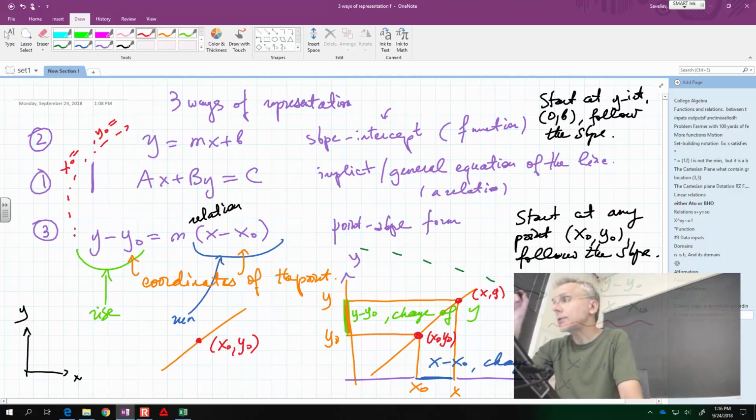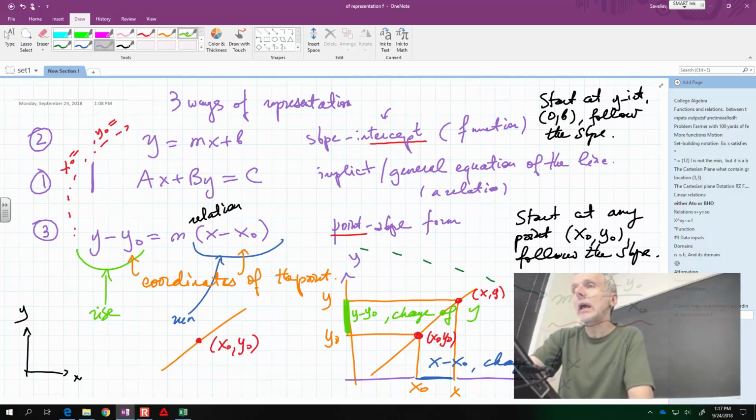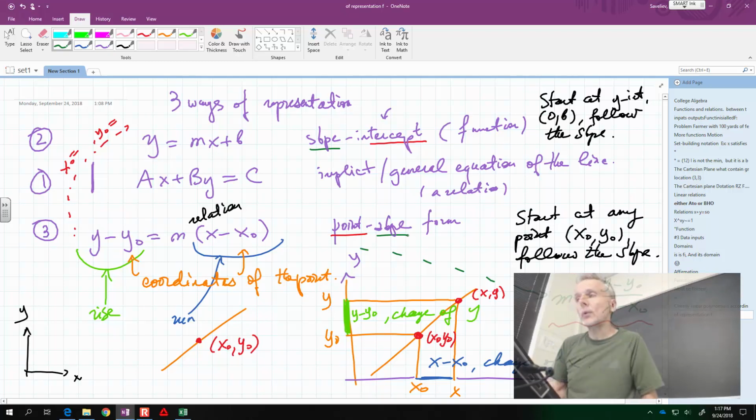The point slope form, the last one, has an advantage over number 2, the slope intercept form, in that the point is still mentioned: point on one hand and slope on the other hand. So the slope is present in the name, as well as the other part being about a point.